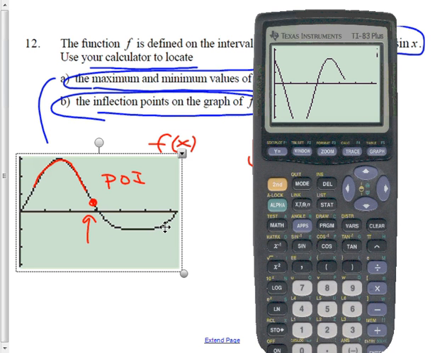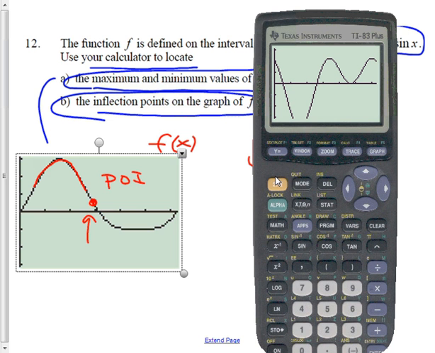Is there another point of inflection? Interestingly enough, right here, it looks like there's almost a point of inflection, but it doesn't change direction. So let's investigate this.